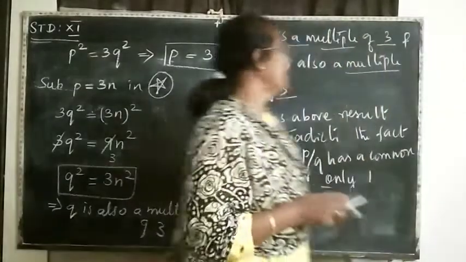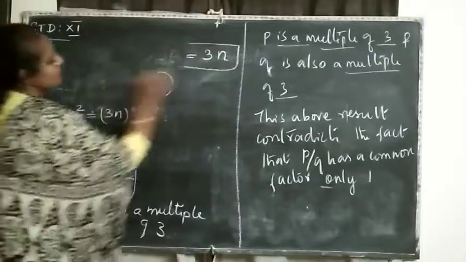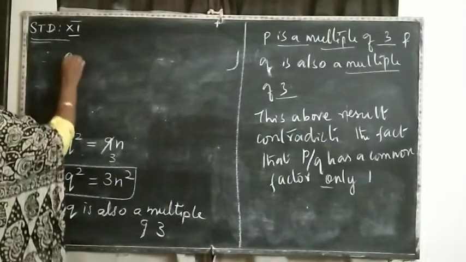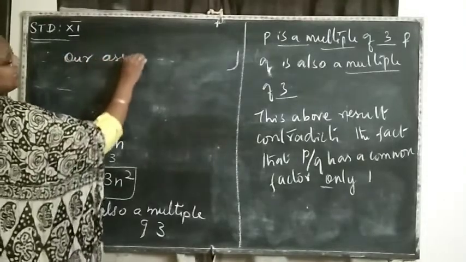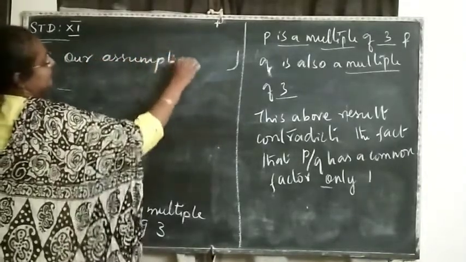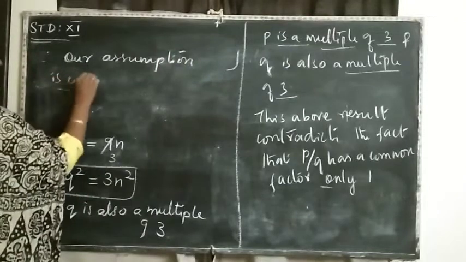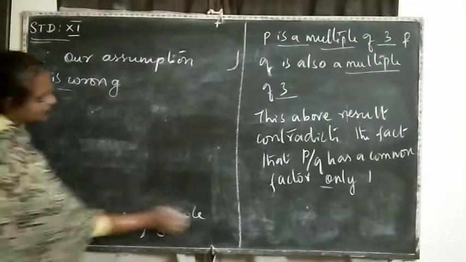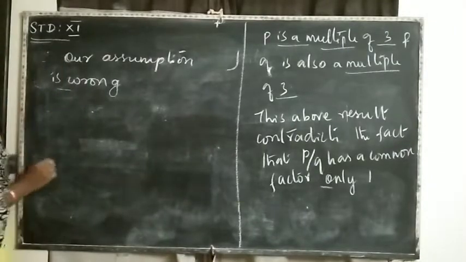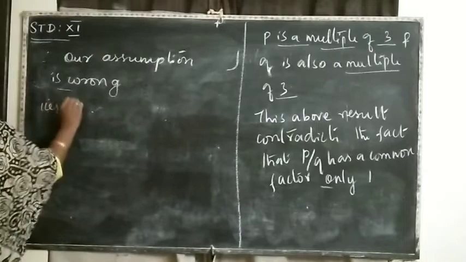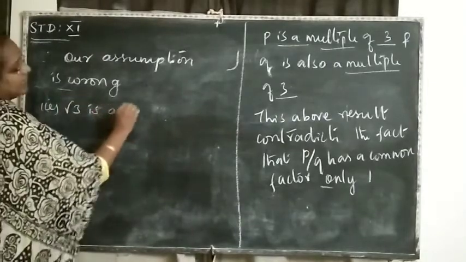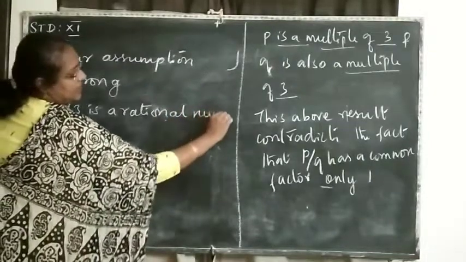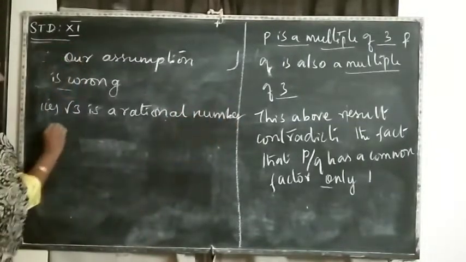Therefore, we can say our assumption is wrong. What is the assumption? That root 3 is a rational number is wrong.